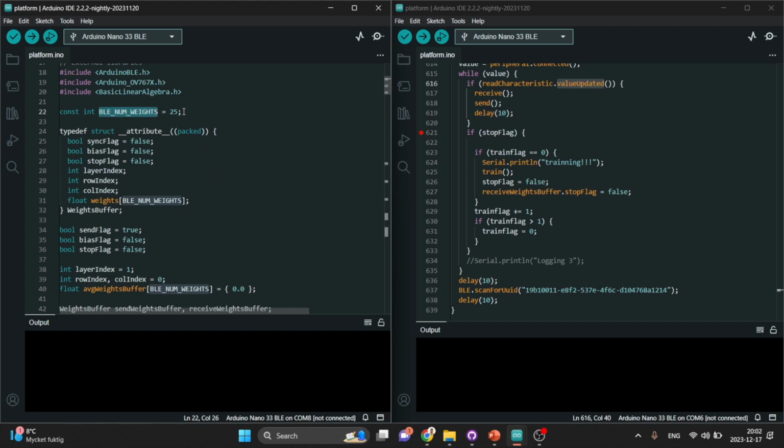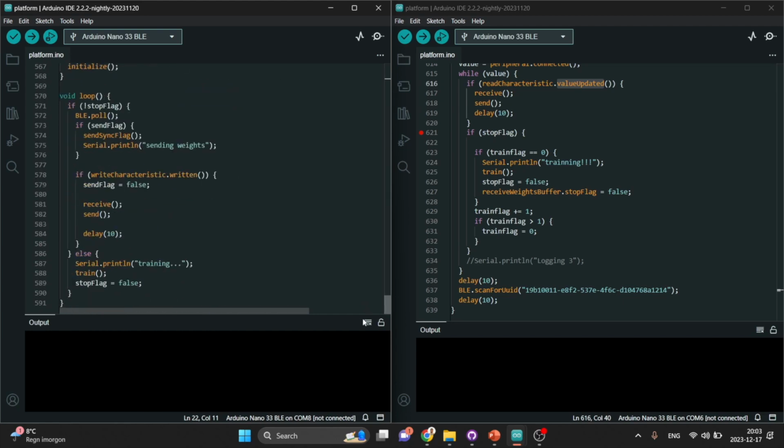In this case, we were not able to send 500 bytes at one time. It was degrading the communication. It was giving us some trouble. So that's why we set this number to 25, when we know it is safe to do the protocol. But you can test that in your project.